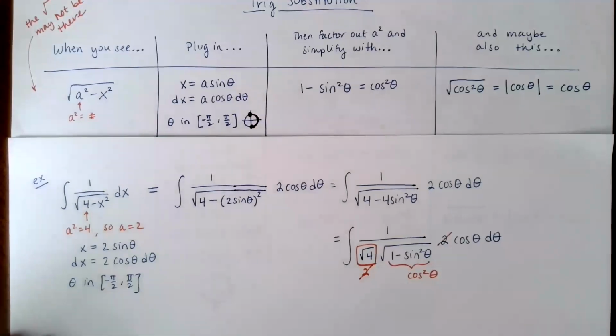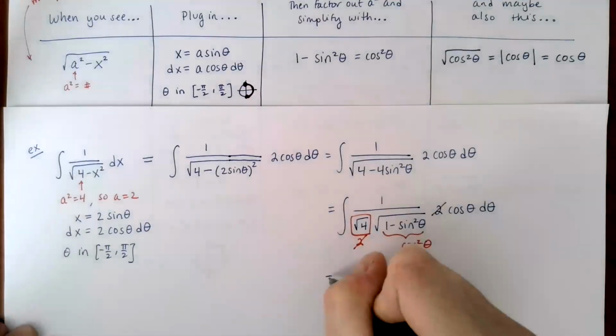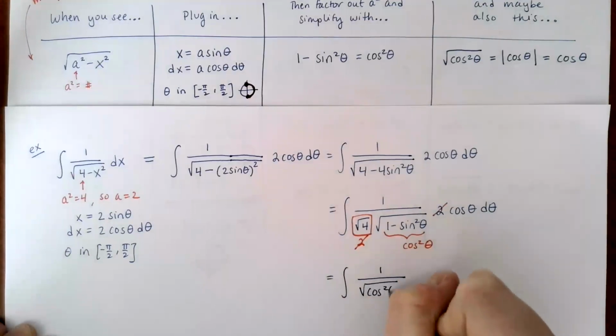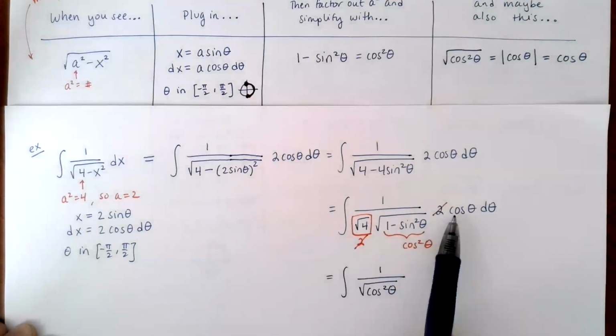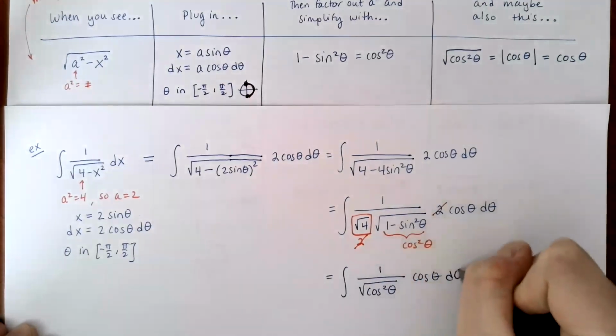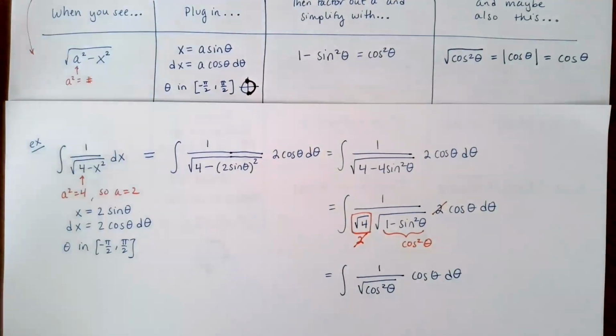Okay, so I'm going to take a step and write what I have before I go too far. Okay, so the 2 constants have canceled. 1 minus sine squared is now cosine squared, and I have cosine theta d theta. Okay, so it's already simplifying quite a bit. It doesn't look quite as bad as it did over here.